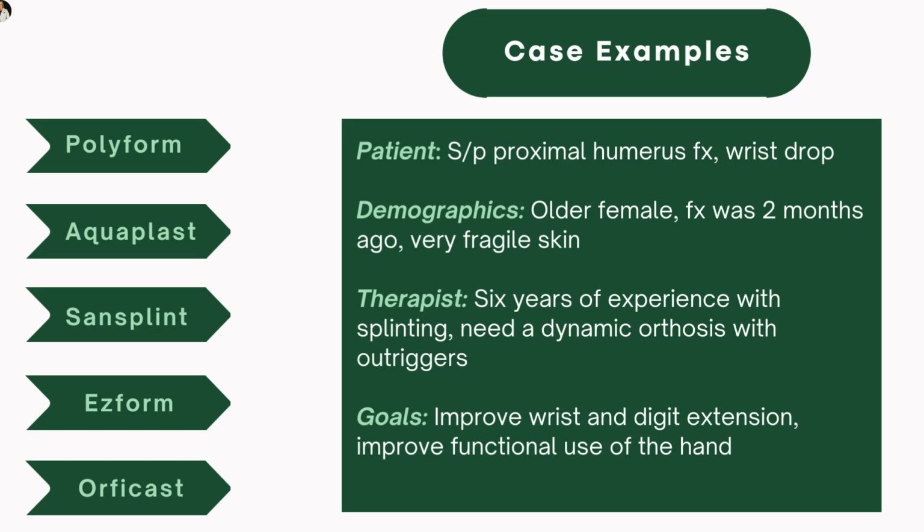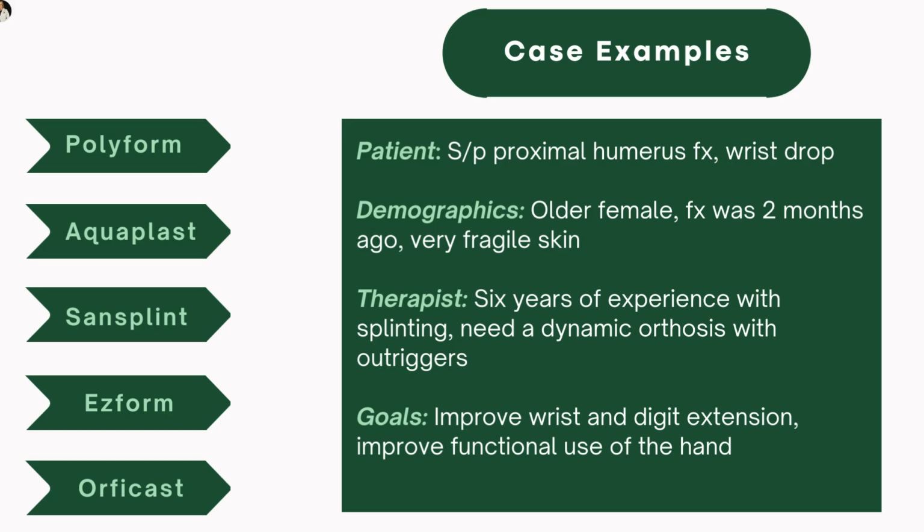So going through the materials, let's start with polyform. Polyform, remember, is good for circumferential splints and people who are confident with splinting. So those are two things that are on our side. It has a high amount of conformability, so that's going to be good for more comfort for the patient. This person has fragile skin, so you want to make sure it's comfortable.